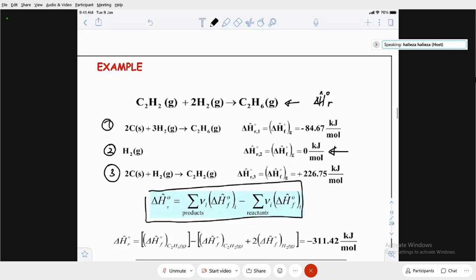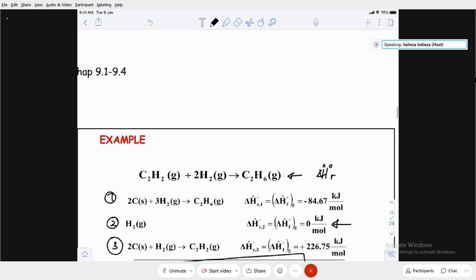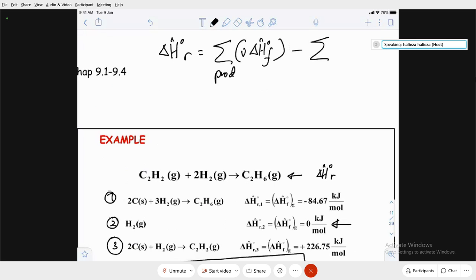So now, if you're going to use this equation, let's do it over here instead of looking at the answer. We have your heat of reaction. I'm going to rewrite that equation higher up, because I don't have enough space here. The heat of reaction is equal to the sum of the products, the coefficient times the corresponding heat of formation, minus the sum of the reactants, the coefficient and the heat of formation.